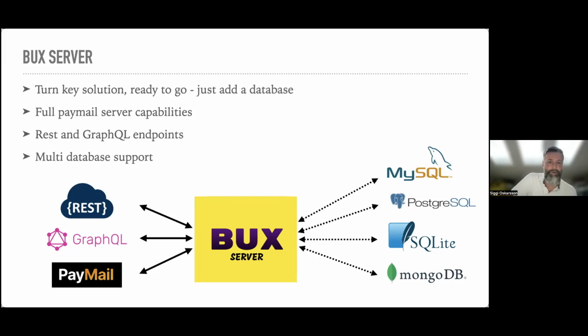And we also built in multi-database support. There's a data abstraction layer in BUX, which allows you to connect different types of databases to BUX: MySQL, Postgres, SQLite, and MongoDB. So this is what I mentioned. If you compile BUX with SQLite, you can probably get into your mobile wallet, and you've got your SPV solution for that.